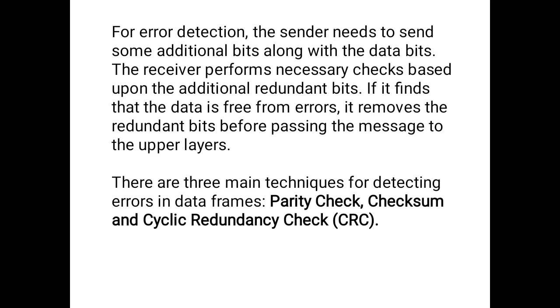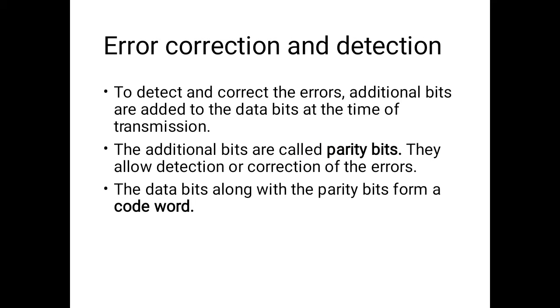If it finds that there is an error, what does it have to do? It has to pass the message to the upper layer after removing the redundant bits. For this procedure, we have three main techniques: parity check, checksum and CRC, out of which parity check is widely used and most important.